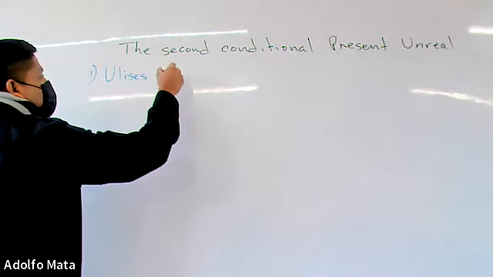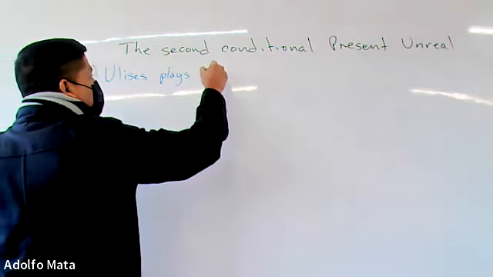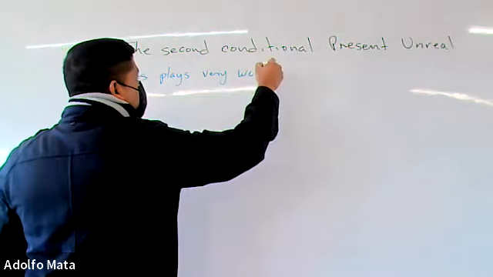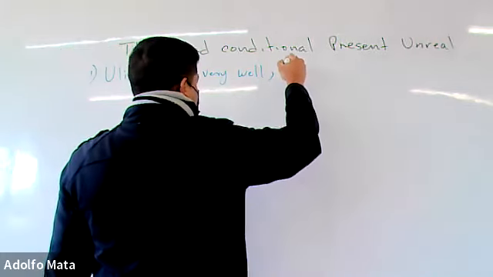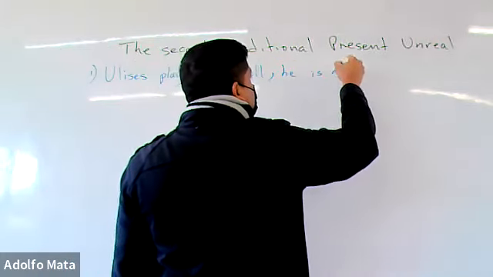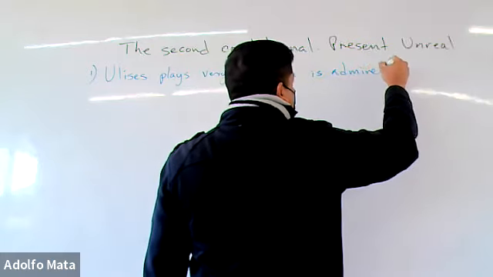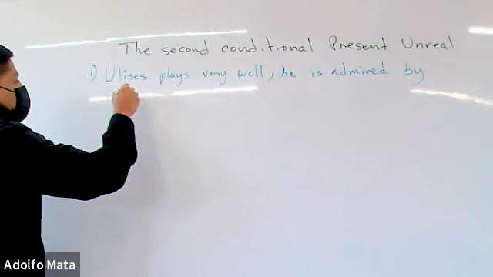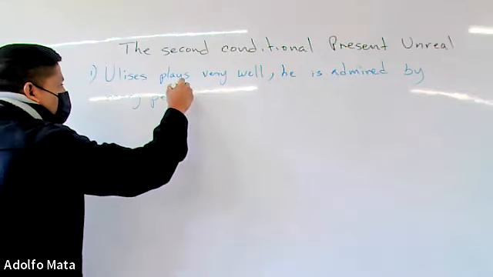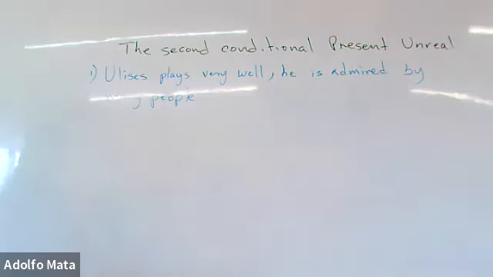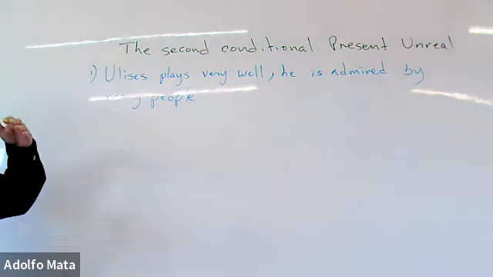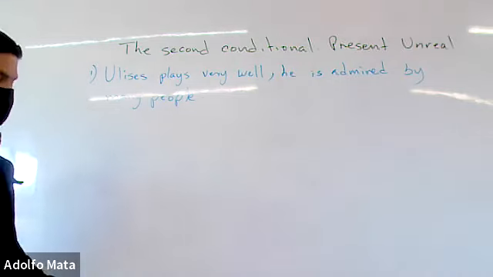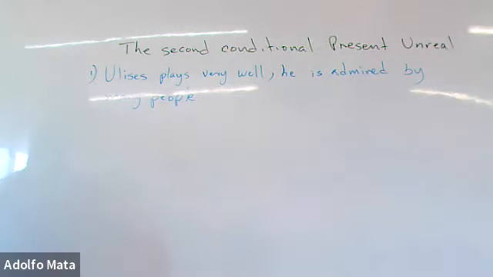Ulises plays very well, comma, he is admired by many people. Okay, this is the real sentence. Copy it and make it an unreal sentence. Do it, please. Do it now.